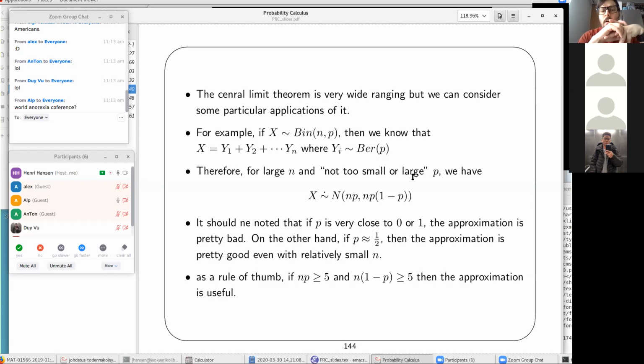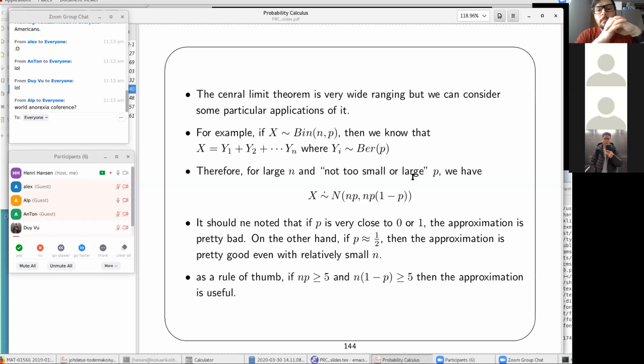If n is large and p is not too large or too small, then the binomially distributed variable will roughly resemble a normally distributed variable with expected value np and variance np times 1 minus p.